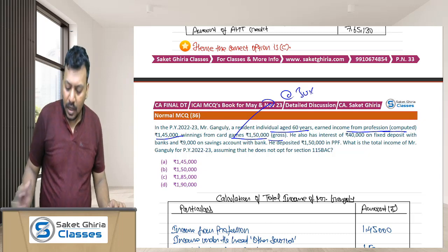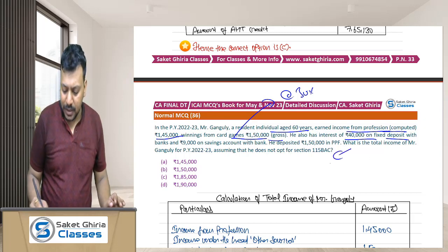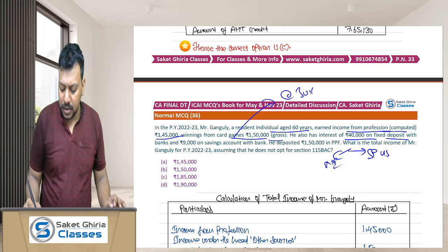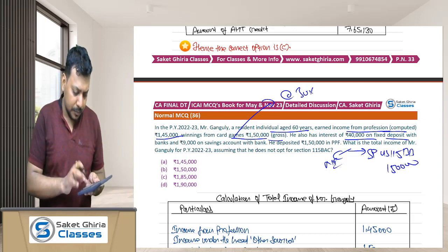He has interest income of 40,000 and 9,000. So we can say that Mr. Ganguly has two types of income. One is normal income and another is special income under section 115BB. Special income is basically card game winning, means 150, and normal income is 145 plus 49,000 interest.